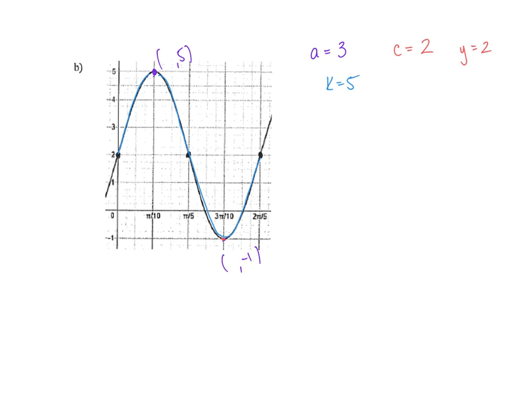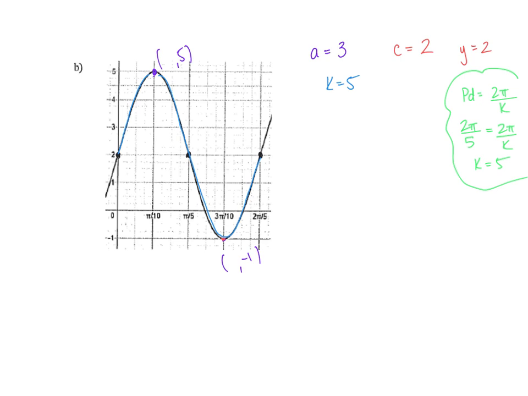Another way is to go to the equation period equals 2 pi by k, and I know my period is 2 pi by 5. And obviously, we can tell pretty quickly that k is equal to 5. Again, I do not need to see what's written there in green, just some extra information for us.